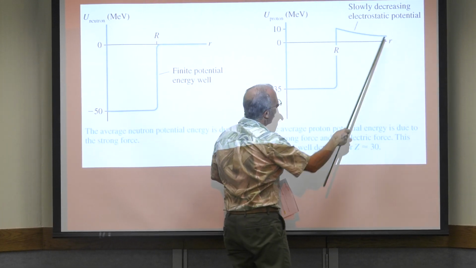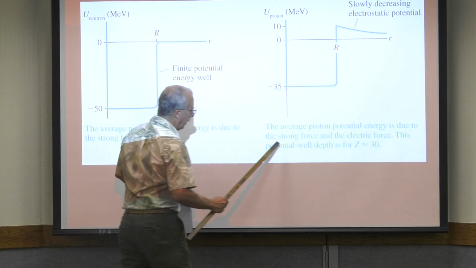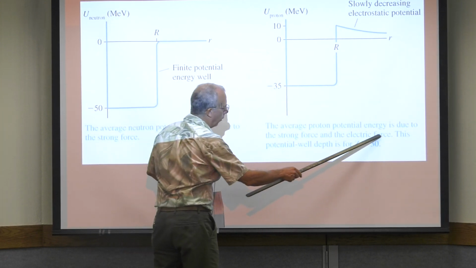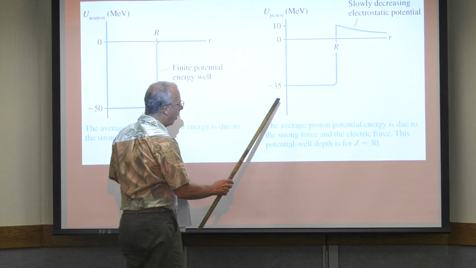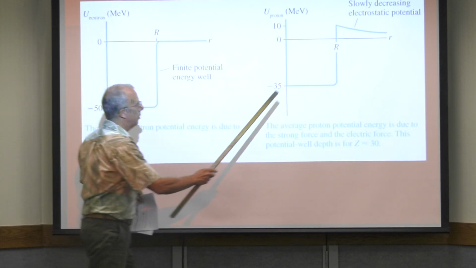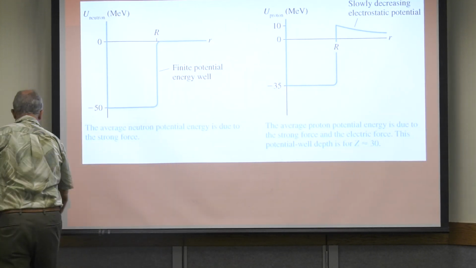And this is the 1 over r. So the average proton potential energy is due to the strong force and the electric force. And notice it doesn't go as deep as this one because we had this positive repulsive potential energy.